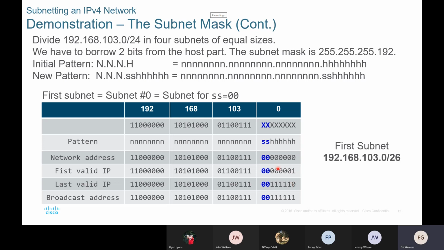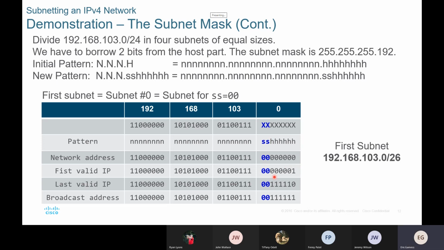So how do you get this .1? Another way to get it: you change all the host bits to 0, except the very last bit. So if I take these 6 bits and change them all to 0, except the very last one, this is what I will get in binary, and this is .1.